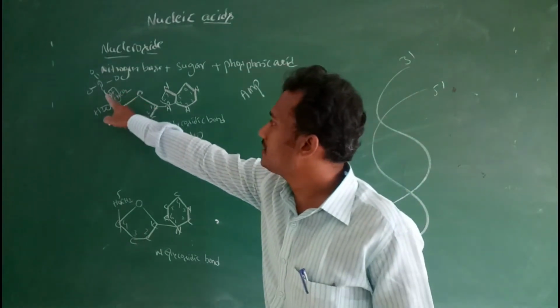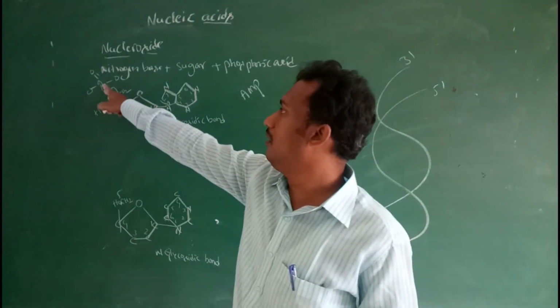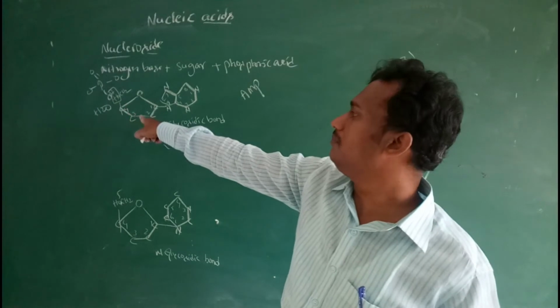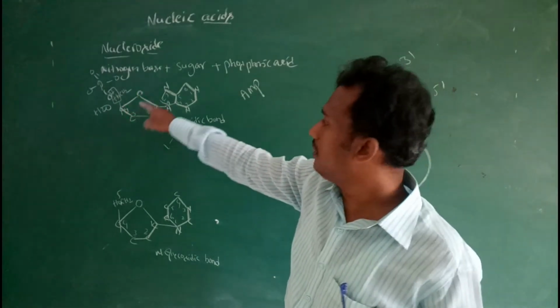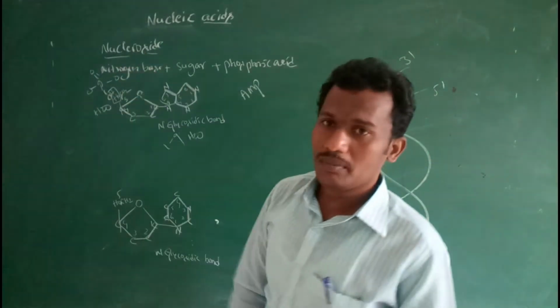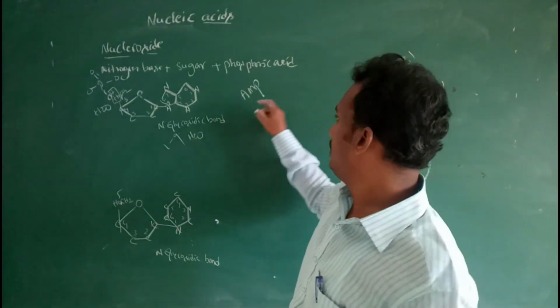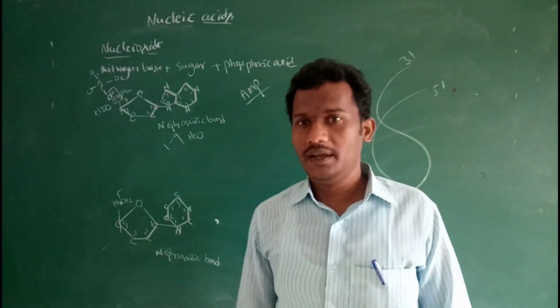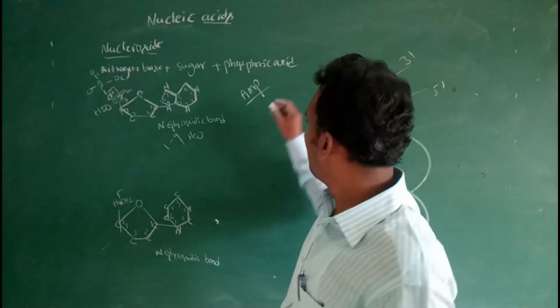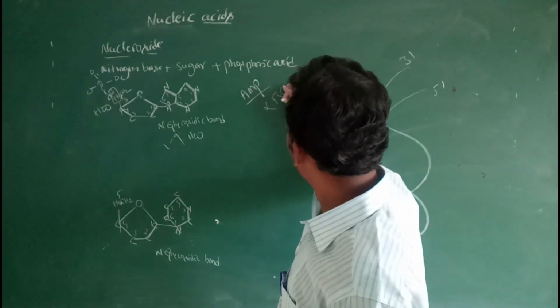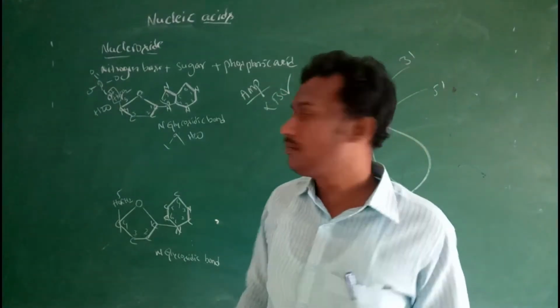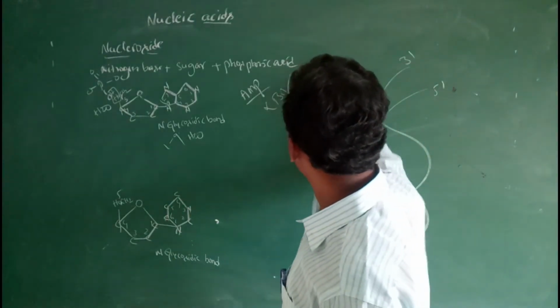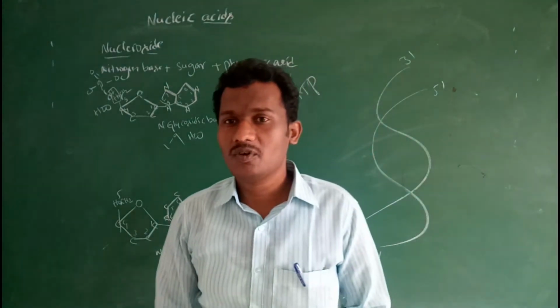to form adenosine monophosphate through ester bonds, between the hydrogen of phosphorus and the OH of the pentose sugar at the 5th carbon position. So adenosine monophosphate, then by joining the second and third phosphates, alpha, beta and gamma, 3 inorganic phosphates form ATP, adenosine triphosphate.